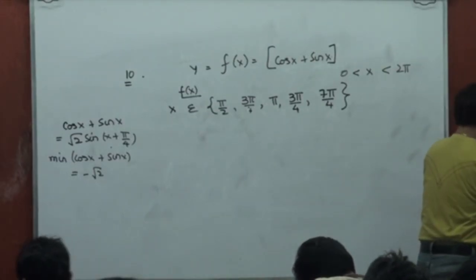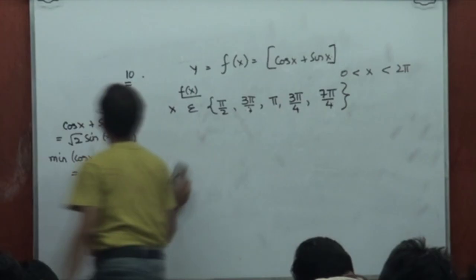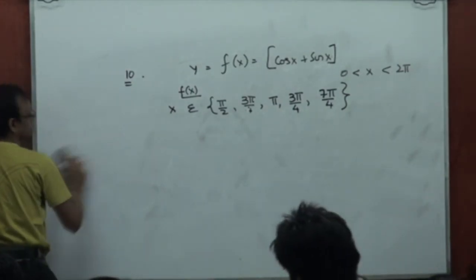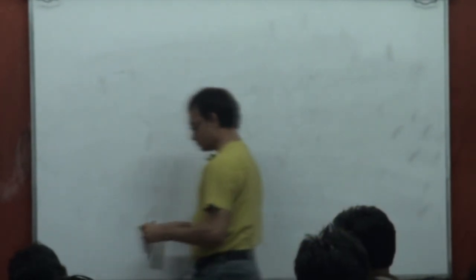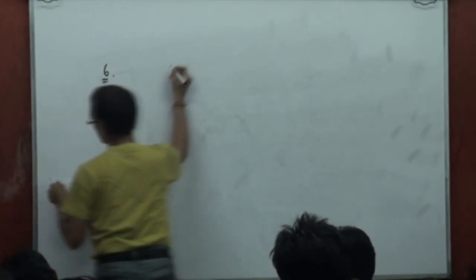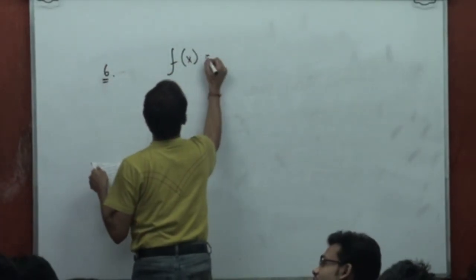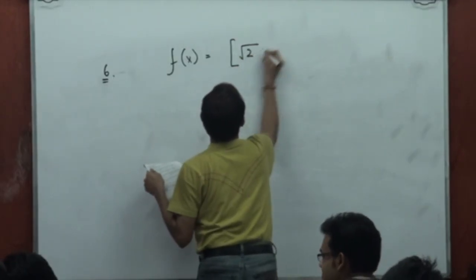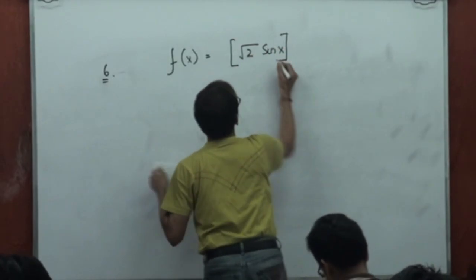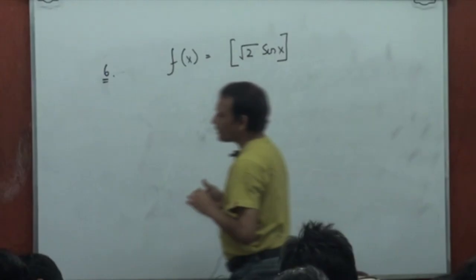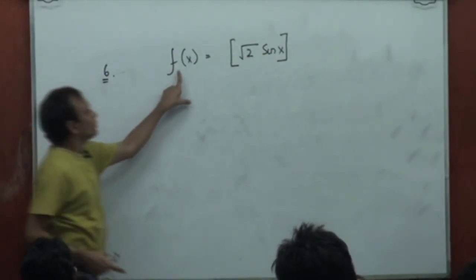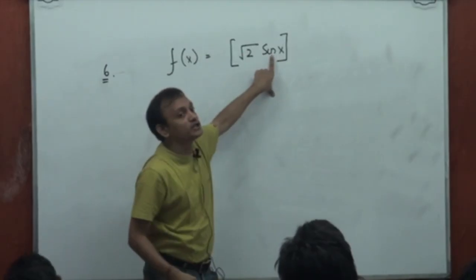Now, box of root 2 sin x. Hey, one thing, f(x) is periodic, inheriting its periodicity from sin x.